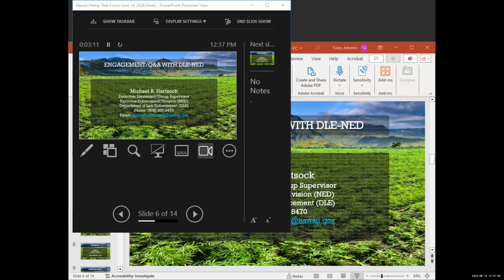This is Greg Smith, and I've been involved with growing hemp here in Hawaii for quite a while. I don't know if law enforcement realizes how incredibly difficult it is to grow hemp for cannabinoids with 0.3% as a guideline.